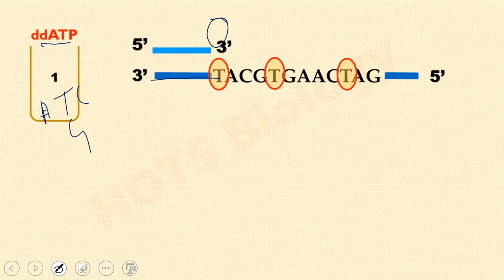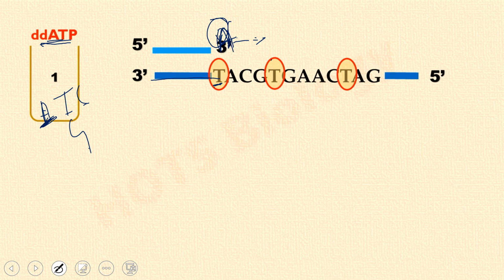In the template we have thymine, so here adenine needs to be added. Either the normal adenine or the dideoxy adenine will be added. If the normal adenine is added, the chain will move further. If the dideoxy adenine is added, the chain will be terminated there only.